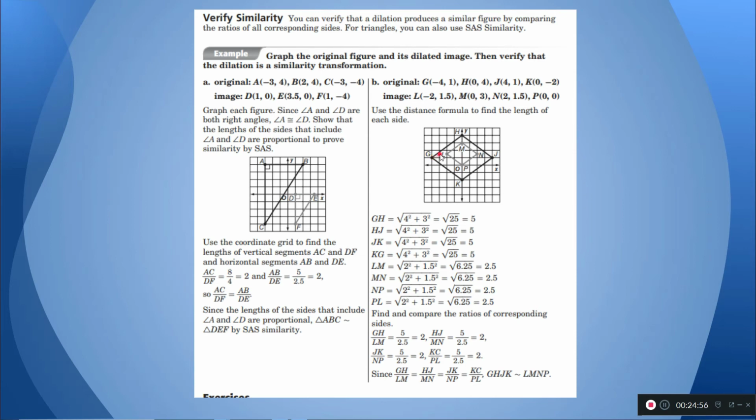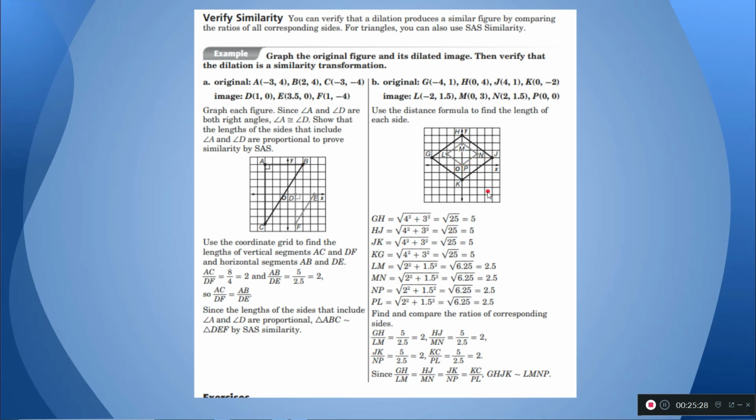But let's assume that these diagonals are actually the hypotenuse of a right triangle. Notice that you can create vertical and horizontal lines out to the side right here. If you follow my cursor, you can count those out and create an imaginary triangle with the side of our figure being the hypotenuse, and you can use the Pythagorean theorem to find the length of each of these sides on each figure.